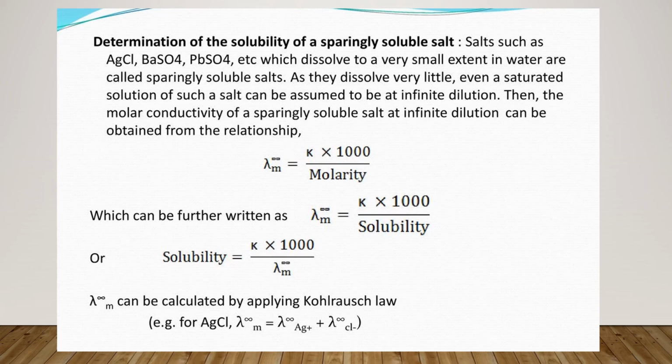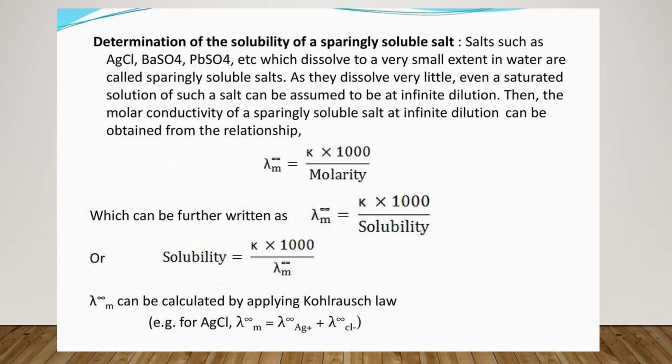So solubility കണ്ടുപിടിക്കാനായിട്ട് നമ്മൾക്ക് എന്ത് വേണം? That is the specific conductance of that salt into 1000 divided by the molar conductance at infinite dilution. So molar conductance at infinite dilution നമുക്ക് sparingly soluble salt ന്റെ, നമ്മൾ മുമ്പ് ചെയ്ത ഇക്വേഷൻ പോലെ, വീക്ക് ഇലക്ട്രോലൈറ്റിന്റെ കണ്ടുപിടിച്ചതുപോലെ തന്നെ AgCl ന്റെ കണ്ടുപിടിക്കാൻ പറ്റും.